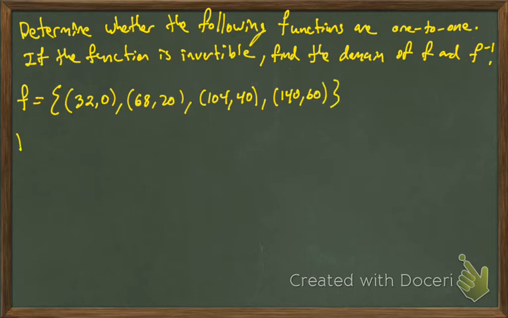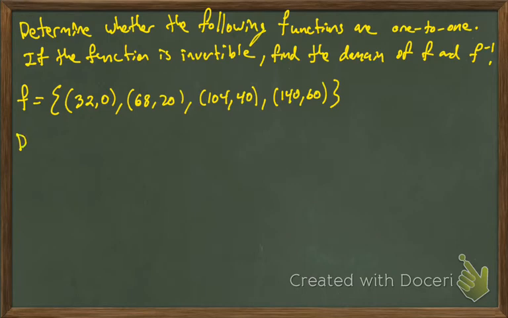Okay, so I have the function f defined as a couple of ordered pairs: (32, 0), (68, 20), (104, 40), (140, 60). And this is actually ordered pairs Fahrenheit to Celsius, so 32 degrees Fahrenheit is 0 degrees Celsius, 68 degrees Fahrenheit is 20 degrees Celsius, etc.